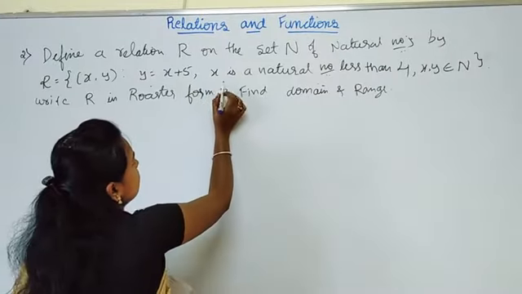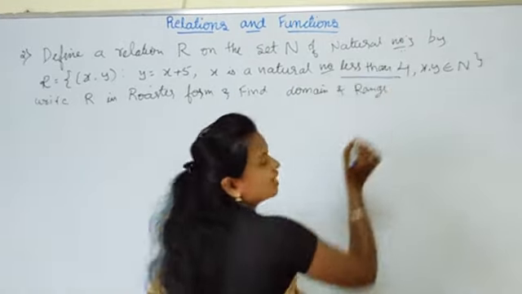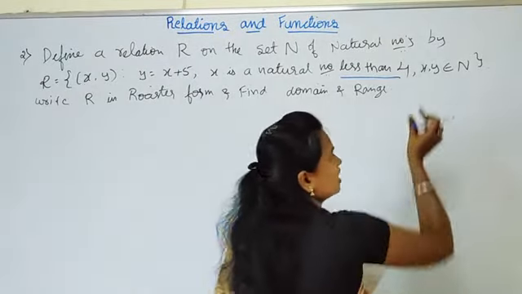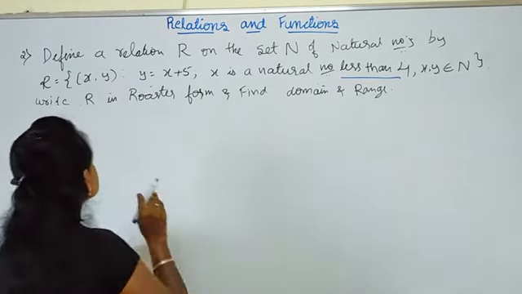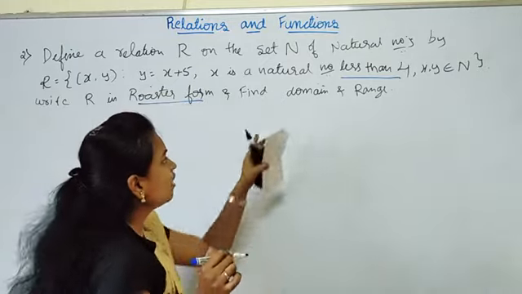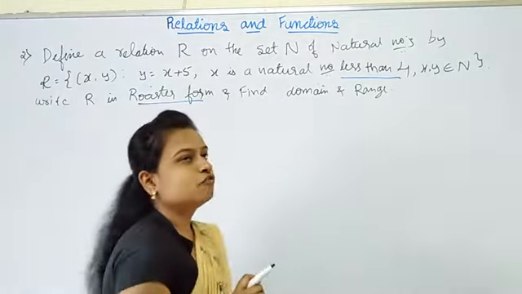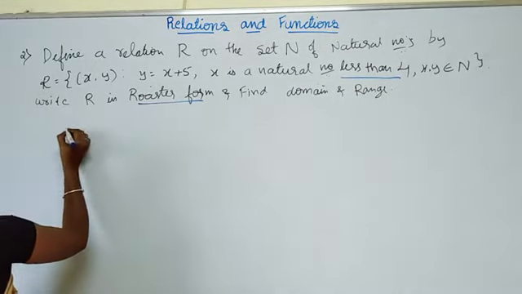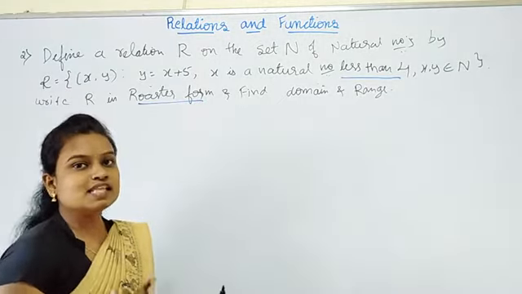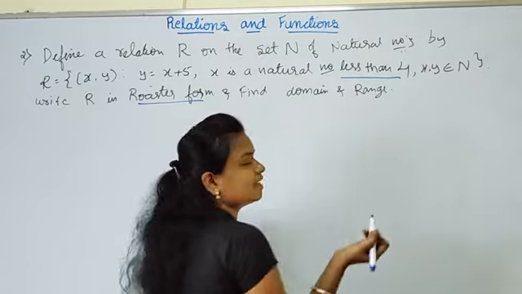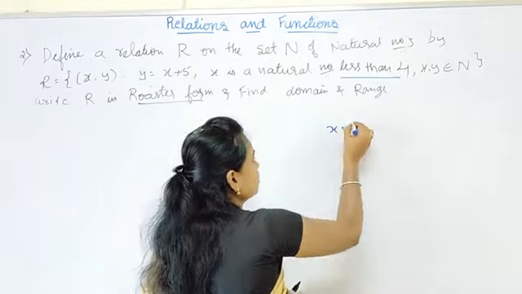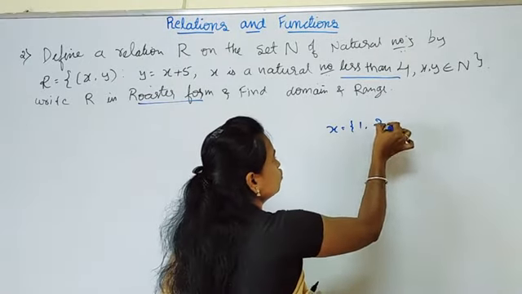And they also tell us that x is a natural number less than 4, and both the elements x and y must belong to N. So we have to write the relation R in roster form. The possible values for x are 1, 2, 3.